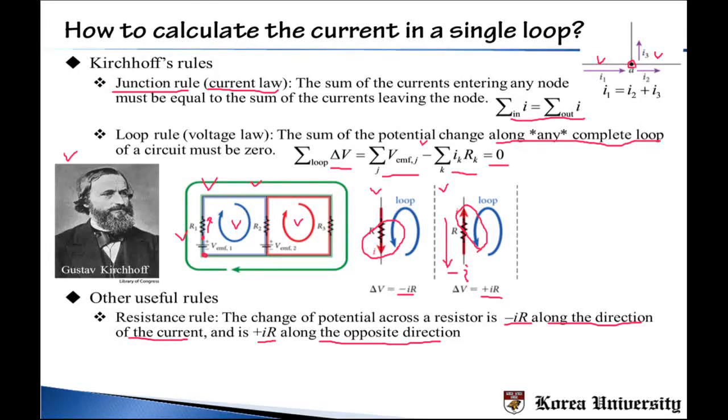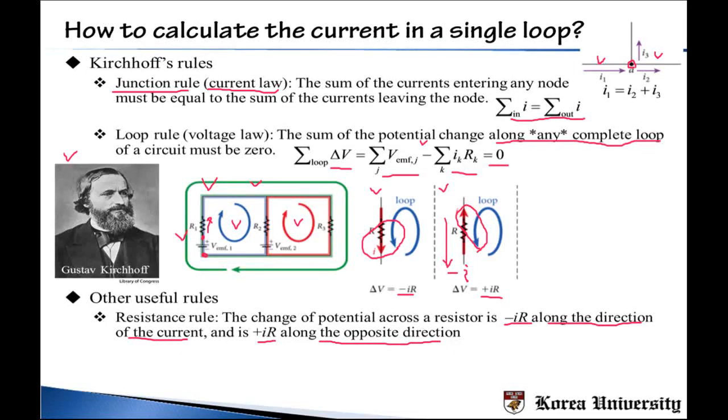Okay, and whenever you use these rules, you first have to assume the direction of the current. Then you might ask, how do we know the direction of the current even before calculating it? What I can tell you is that it doesn't really matter. Just assume the direction of the current for your convenience.